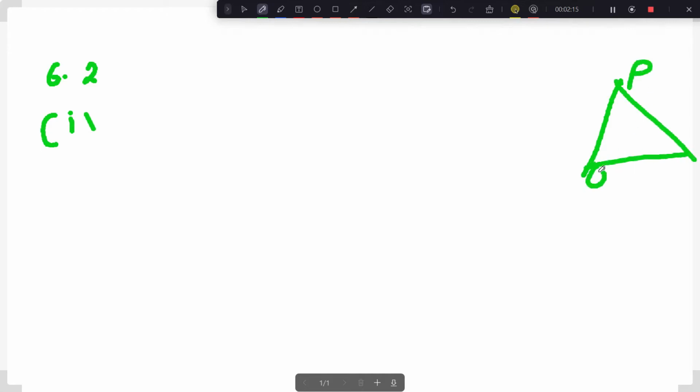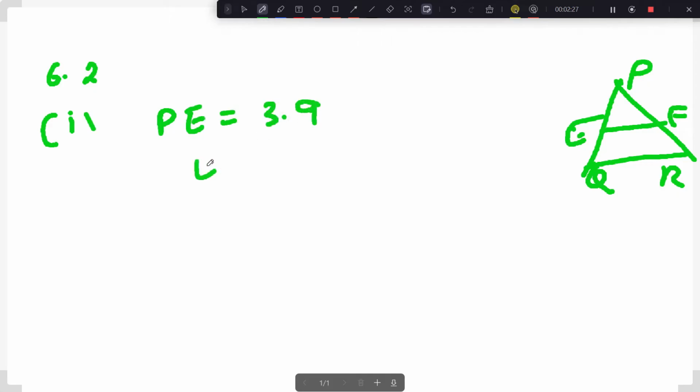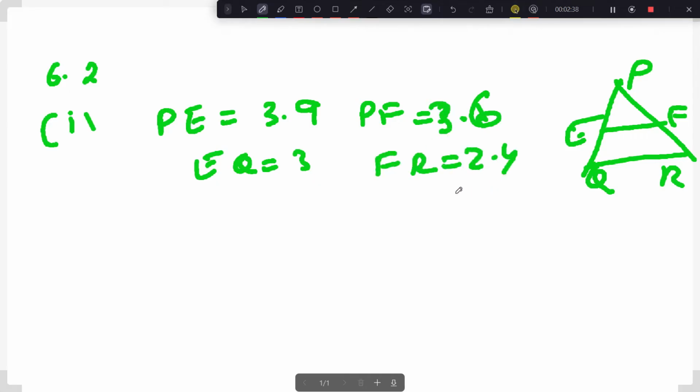So this is PQ, and EF is there. Now it is given that PE is 3.9, EQ is 3, EF is 3.6, and FR is 2.4. So the question is whether EF is parallel to QR.